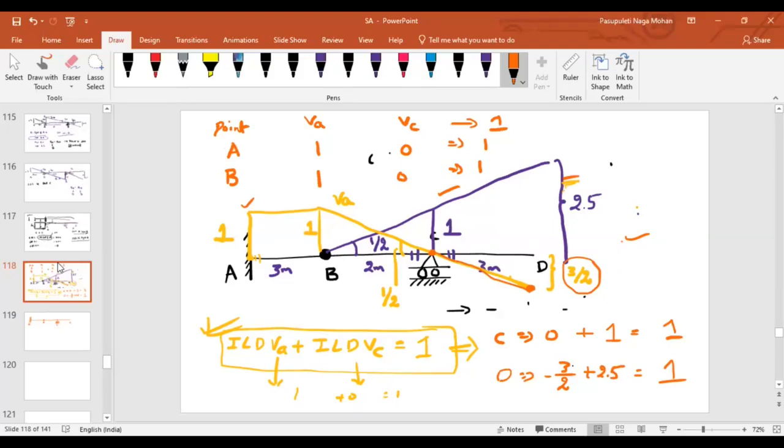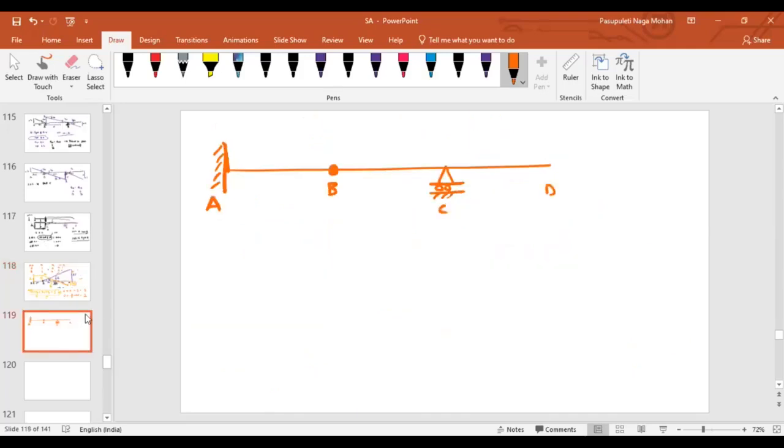If it is a hinged support, is it stable first of all? It is not stable. Then how can we draw it? It itself is not a stable structure, right? Oh, okay, sir.